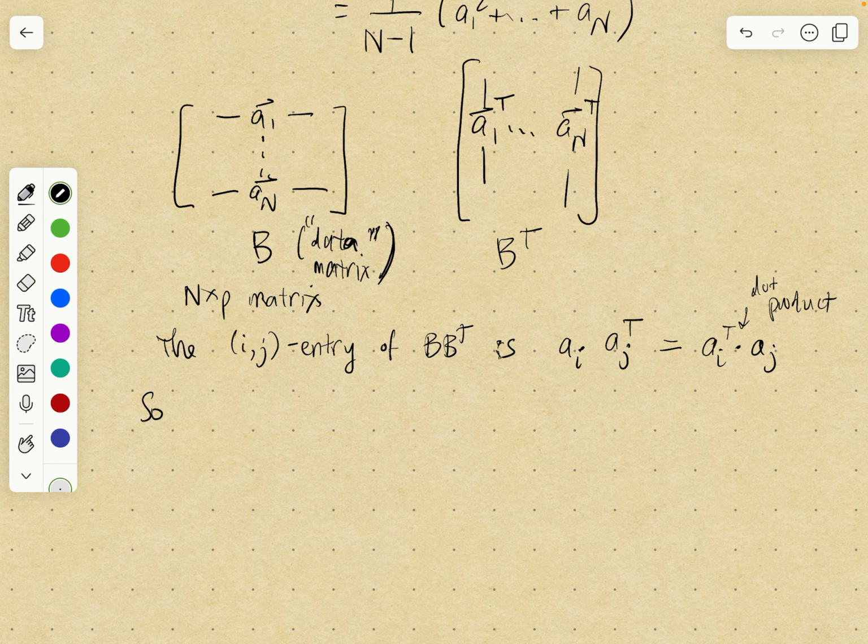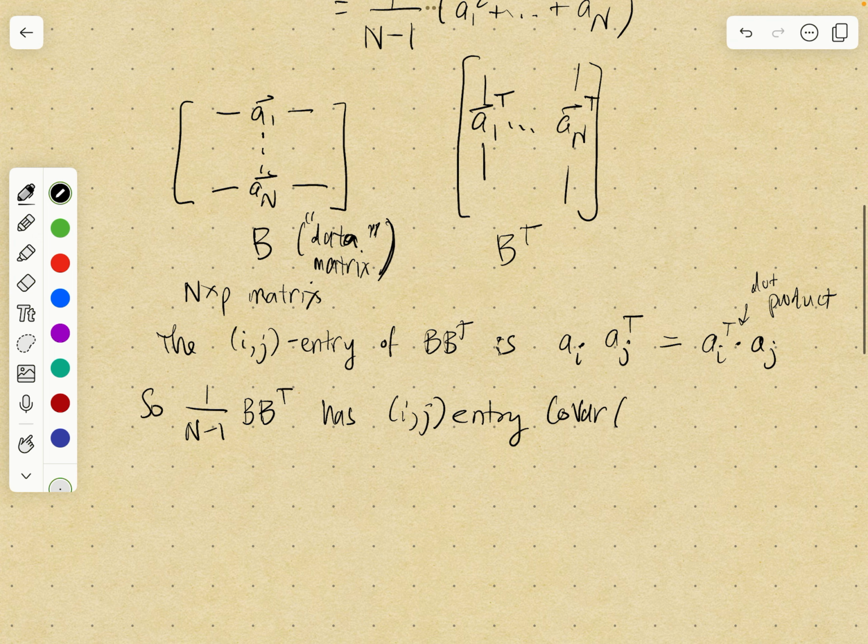Anyway, that's almost the variance. So if you divide by n minus 1, 1 over n minus 1 times B B transpose has ij entry the covariance of AI and AJ.